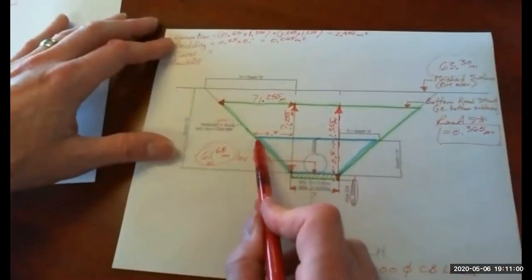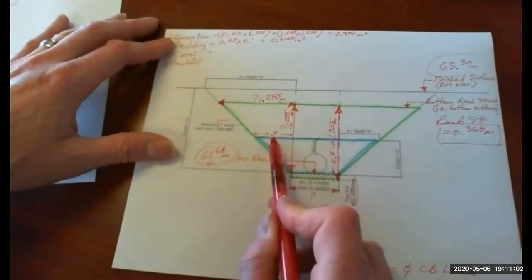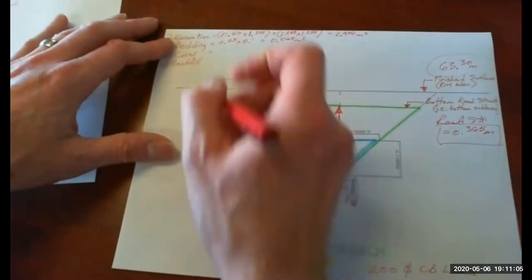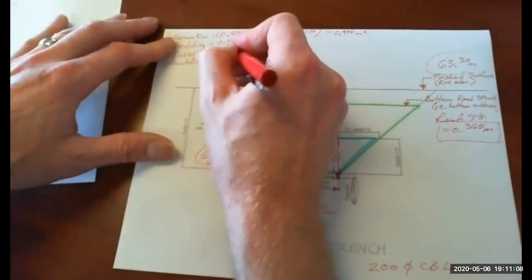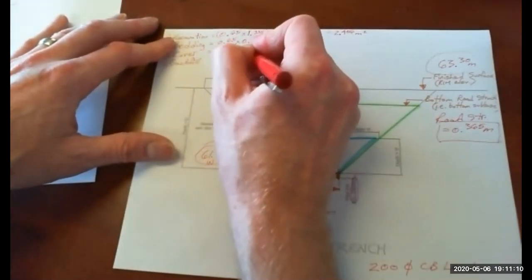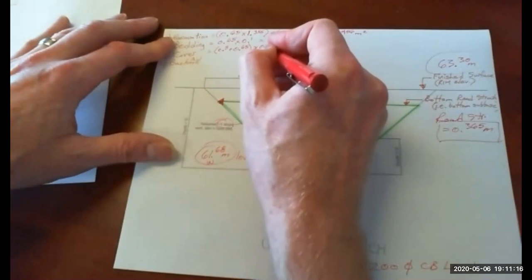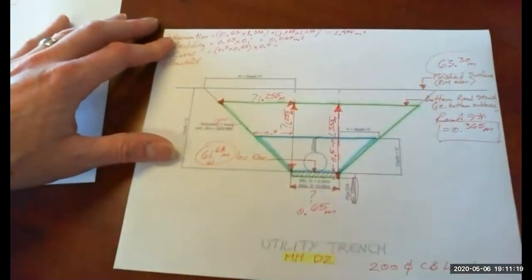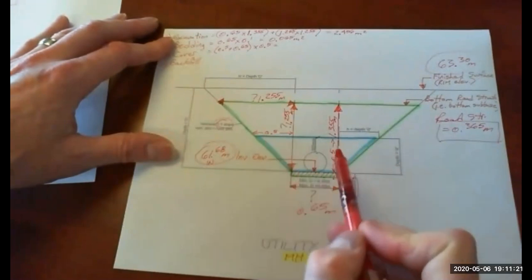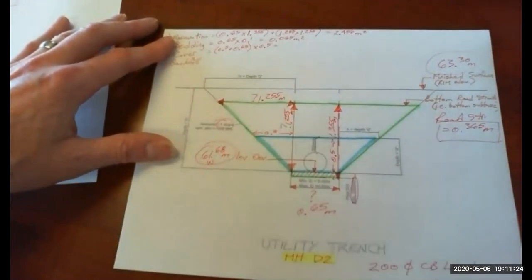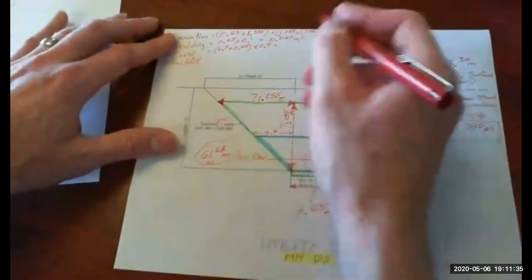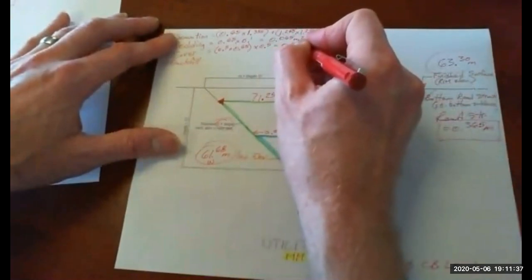So the width of our rectangle is going to be 0.5 plus 0.65. Multiply by the depth of 0.5. That'll give us the end area of the blue, and then we'll need to subtract the pipe. So what we had before, 0.575.